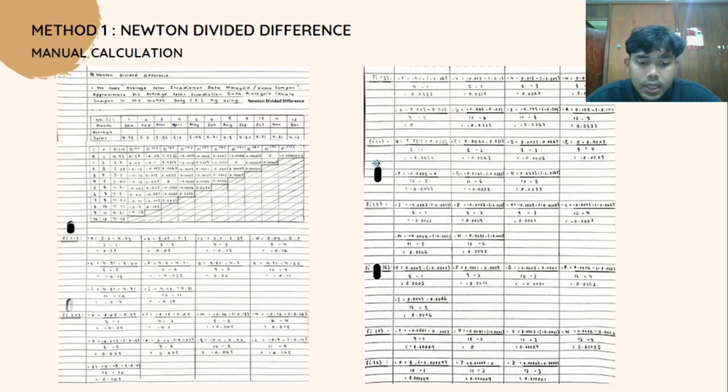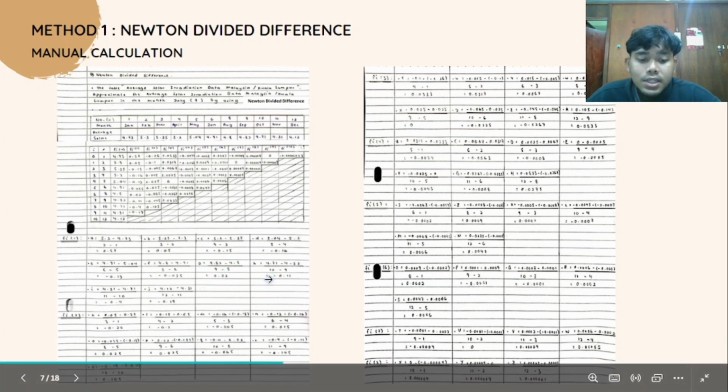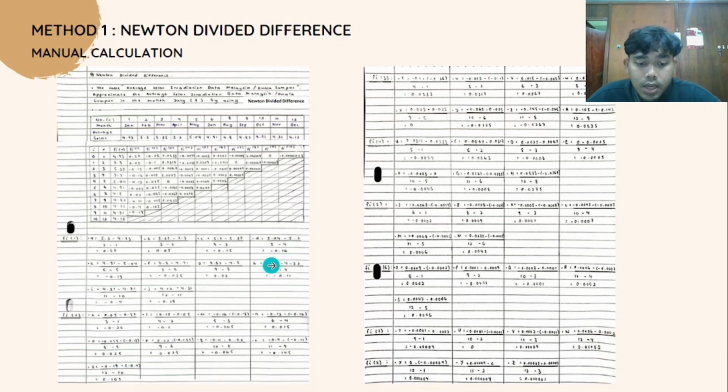After completing the table up to the 10th order difference, we use these coefficients in the Newton divided difference interpolation formula to obtain the polynomial that fits these 11 data points. This process allows you to generate a polynomial equation that approximates the relationship between the x and y values for the given data points.